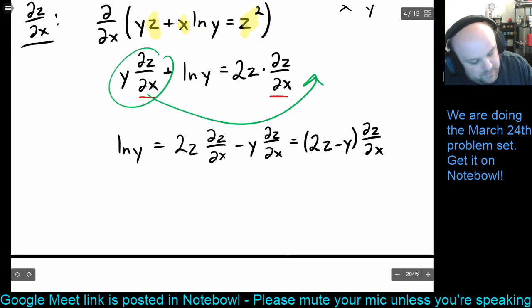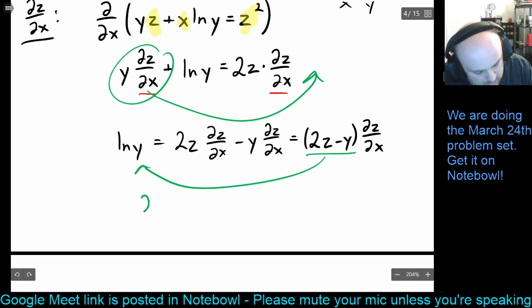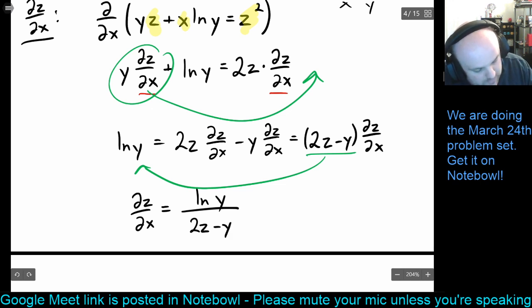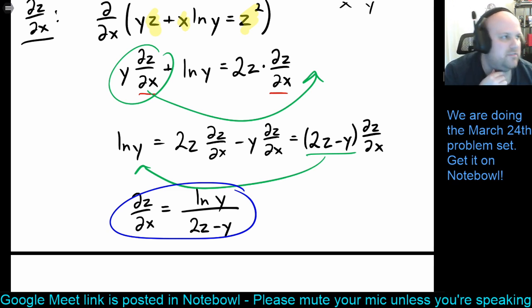All right? And then now we just divide by that. And we're left with ln of y over 2z minus y. Right? And that's it for that derivative. So not really a whole bunch to it.